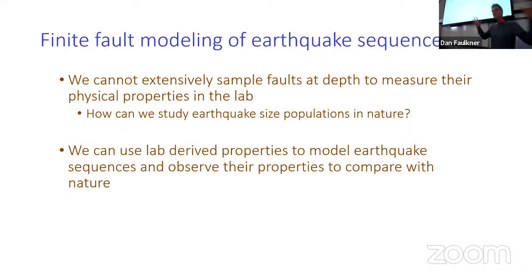But when you have monsters, when you have really big seismic events, then there are a whole host of other processes which start to kick in, which might start to wipe out that relationship between lab measured A minus B and seismic B values.